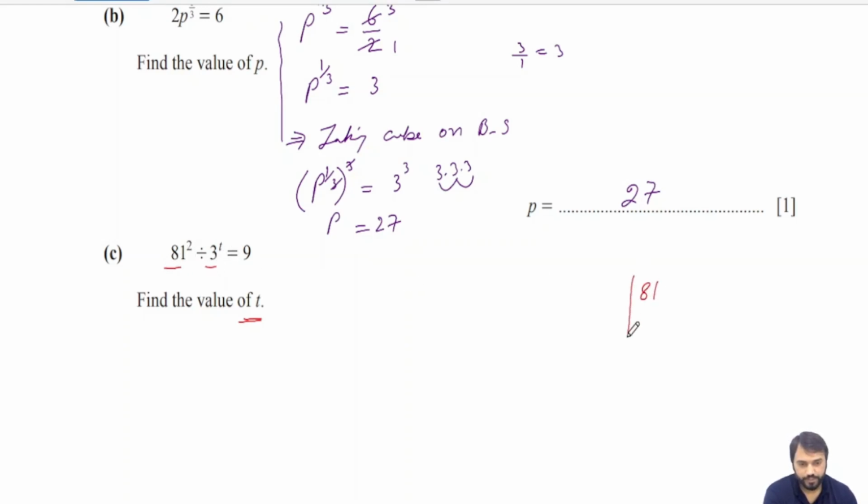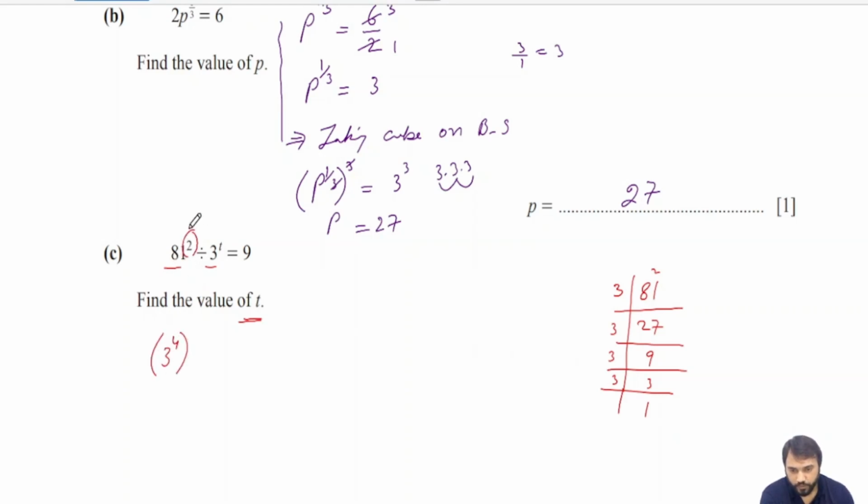By prime factorization. 3 how many times? 3 times 2 is 6 and 2 carry, 3 times 7 is 21. 3 times 9 is 27, 3 times 3, and 3 one time. So how many 3s do we have? 4. 4 times 3. I can write 81 as 3 raised to power 4 and whole power this 2 remains the same. Divided by 3 raised to power t is equal to 9.